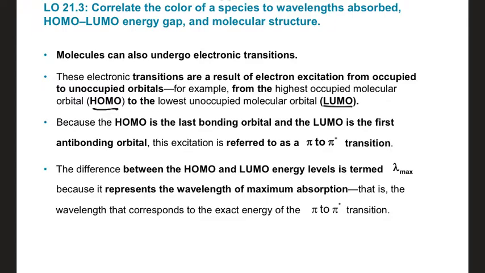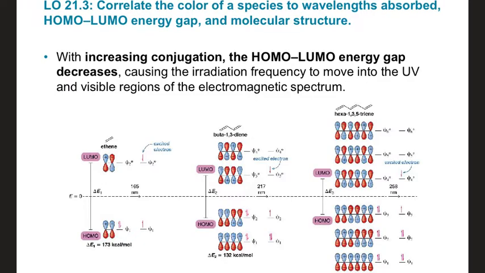The difference between the HOMO and LUMO energy levels is termed the lambda max because it represents the wavelength of maximum absorption. Not the greatest wavelength that can absorb light, but the one with the greatest absorption, the one that absorbs it the most. That is the wavelength that corresponds to the exact energy of the pi to pi star transition. With increasing conjugation, the HOMO to LUMO energy gap decreases, causing the irradiation frequency to move into the ultraviolet and visible regions of the electromagnetic spectrum.